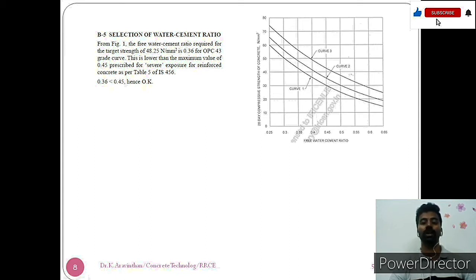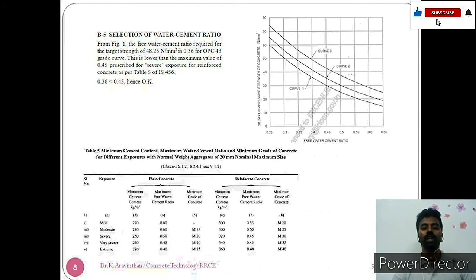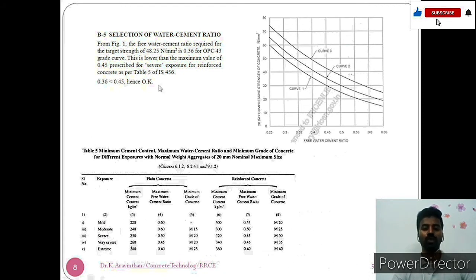If we draw a perpendicular line, we will be getting exactly 0.36 of water cement ratio. So we can take this, and also we have to check with Table 5 of IS 456. We are using reinforced concrete, so our environment condition is severe, so the maximum water cement ratio should be 0.45.